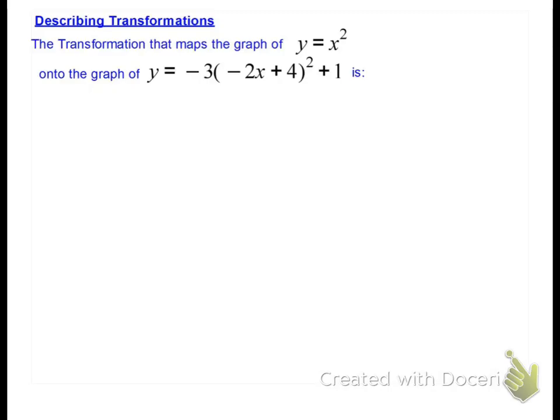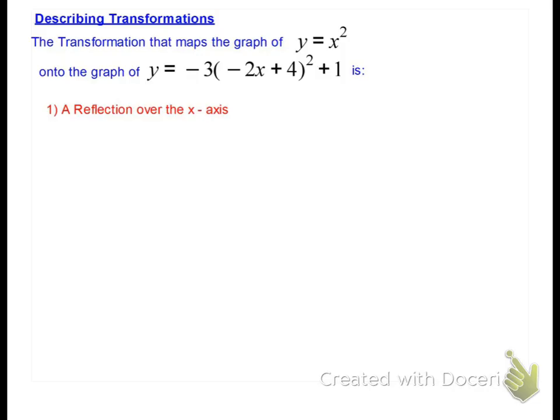Let's see if we can apply that to an example. Describing transformation. So here's a transformation that maps the graph of y equals x squared, a parabola, onto another graph. And here's a transformed parabola, and there's a number of things going on. So let's see if we can describe each part. First off, we've got this negative out the front.